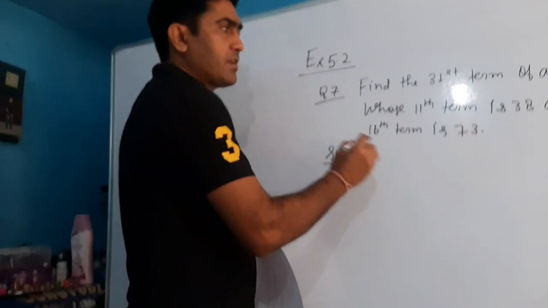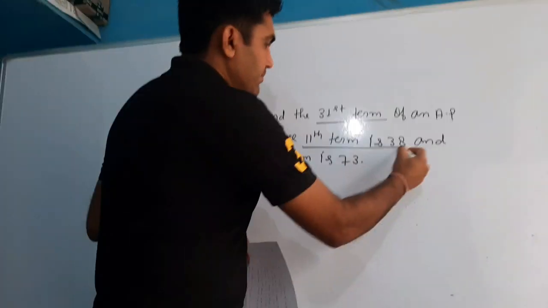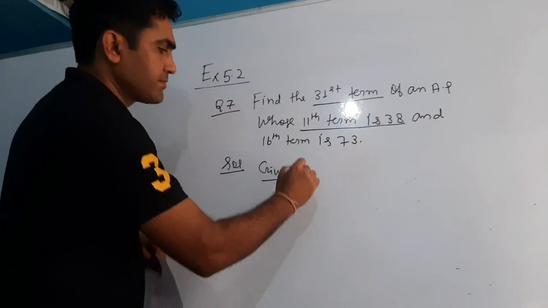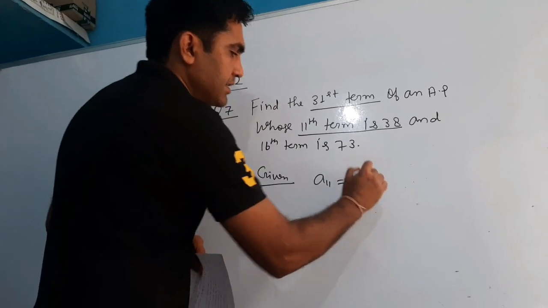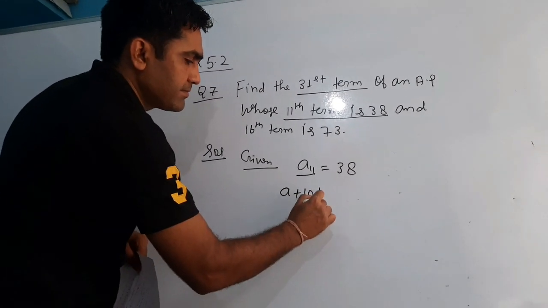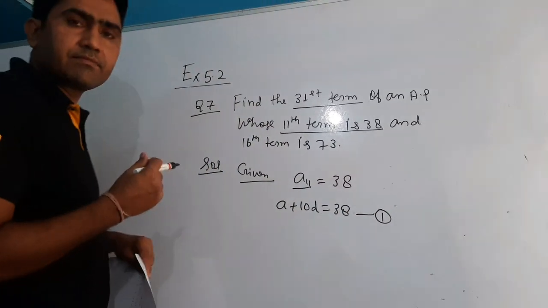Solution: 31st term फाइंड आउट करना है, 11th term 38. तो गिवन में क्या है? गिवन इन योर क्वेश्चन 11th term मीन्स A11 इक्वल टू 38. A11 मीन्स A प्लस 10D इक्वल टू 38. ये फर्स्ट इक्वेशन हो जाएगा.